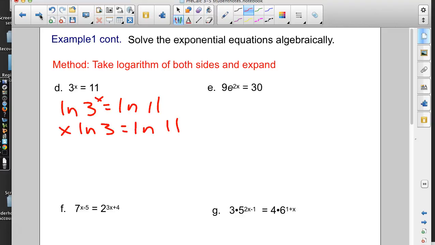So now if we want x, we're going to divide both sides by the natural log of 3. That'll give us our answer. So just manipulation using that natural logarithm. Again, natural log and e come in pretty handy in calculus, so you gotta make sure you can do those things. Natural log of 11 divided by natural log of 3.